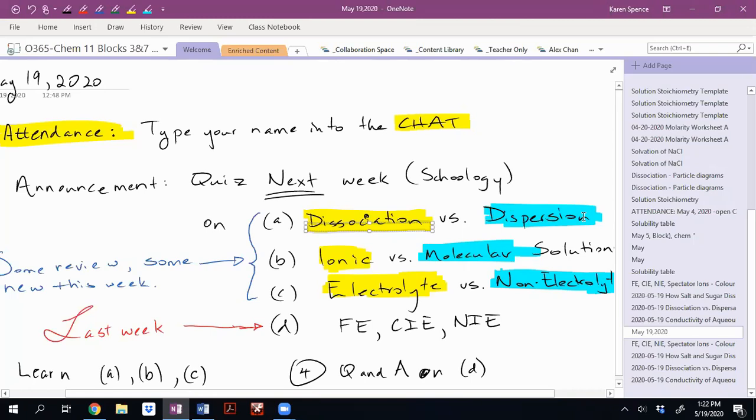So ionic compounds dissociate, molecular compounds disperse. When ionic compounds dissociate, they make free-floating ions, so they form electrolytes, whereas molecular compounds just disperse as neutral molecules, and so they will not conduct electricity.